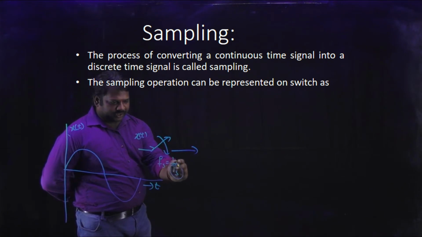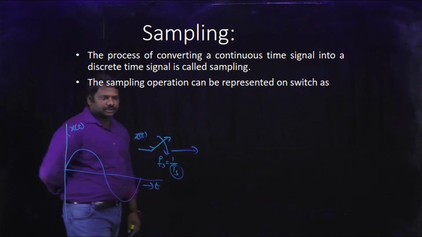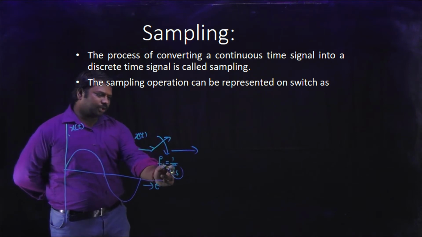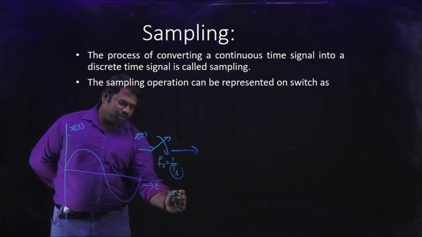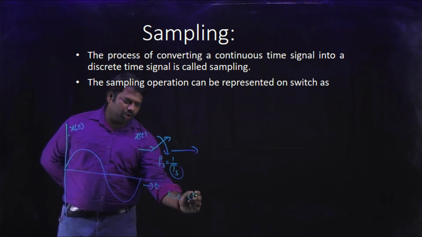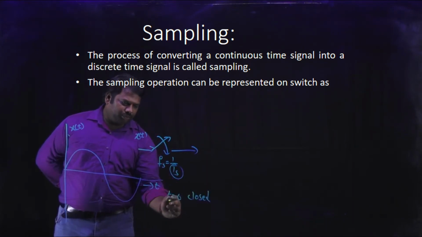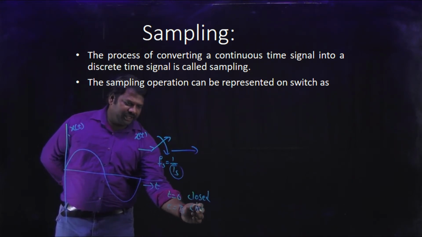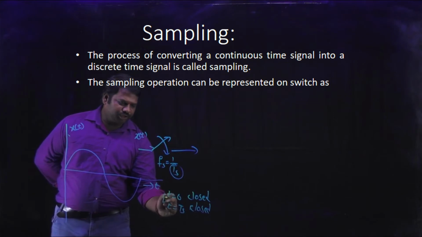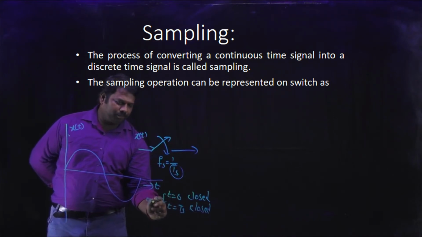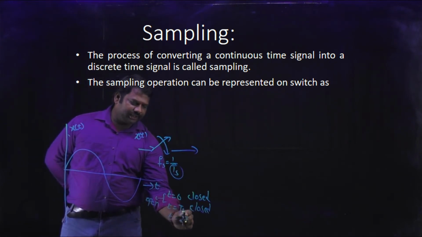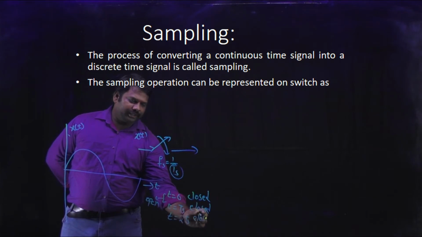For example, initially the switch will be closed at t equal to 0. Again, the switch will be closed at t equal to Ts. In between these two times, the switch will be said to be open. And again, the switch will be closed at 2Ts, like that. Like that, the switch will be operated.